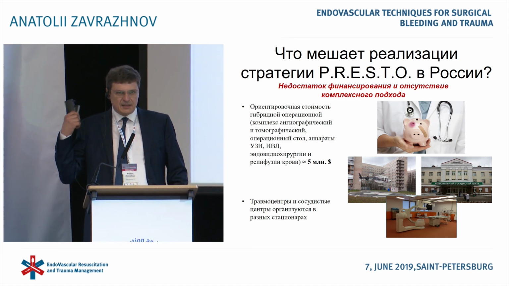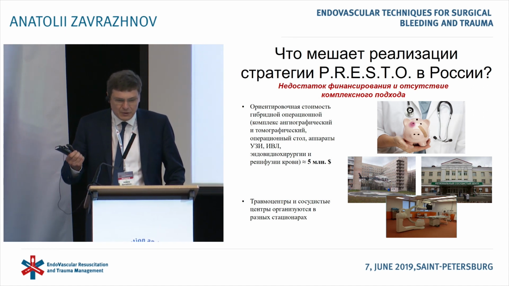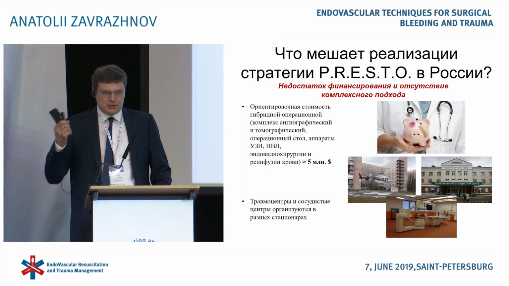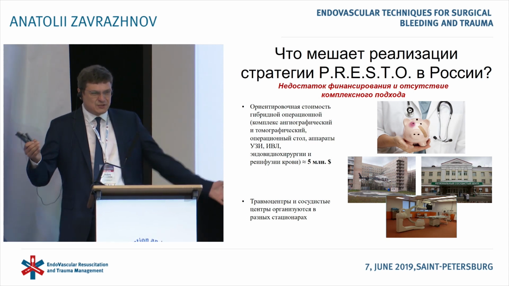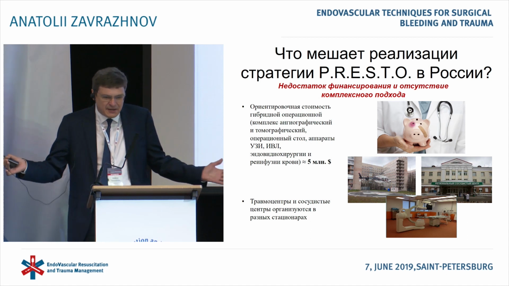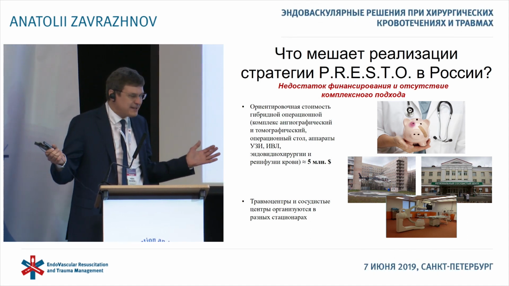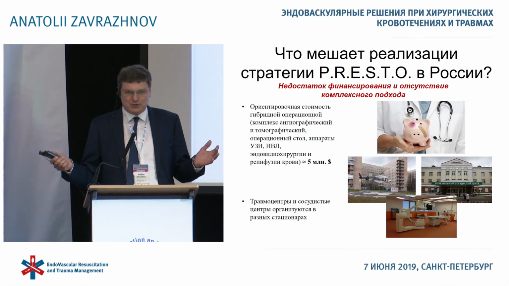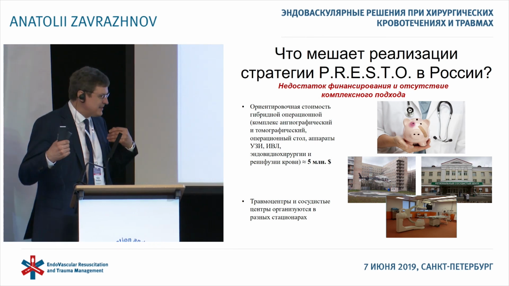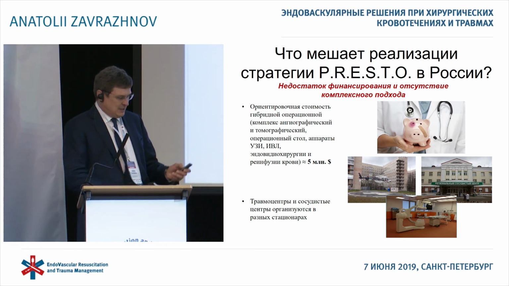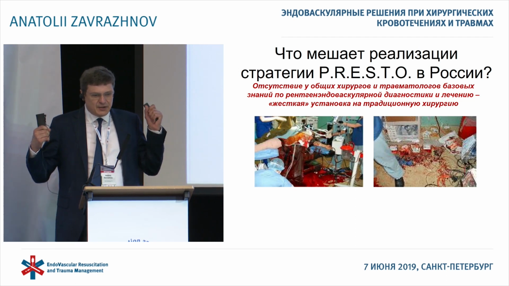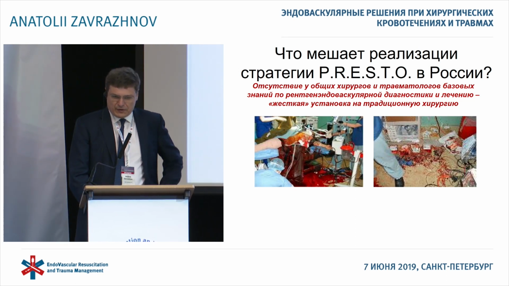Yes, in Russia we have vascular programs. We have the emergency care for the victims of accidents. But what we do is we have vascular centers in 1 place and trauma center in another place. And very often the trauma center doesn't have the full scope of knowledge and skills and hands to implement this approach.